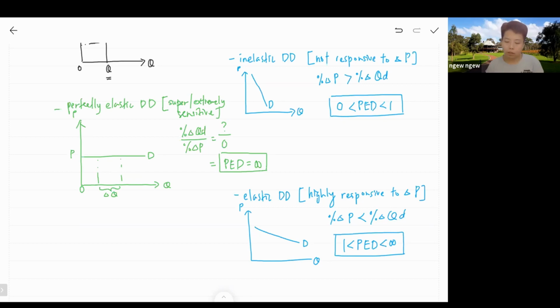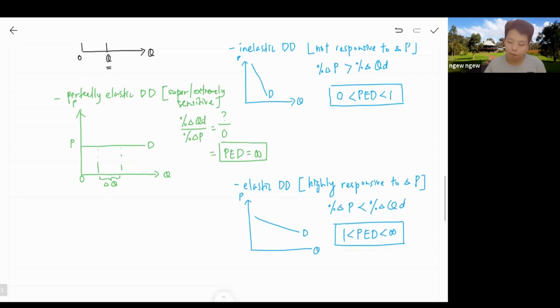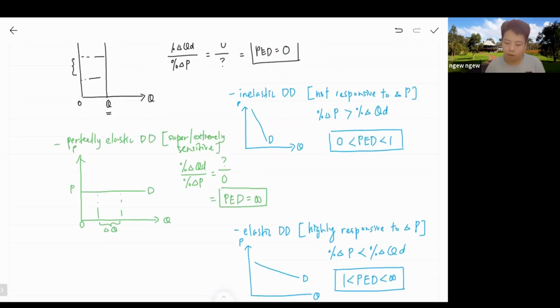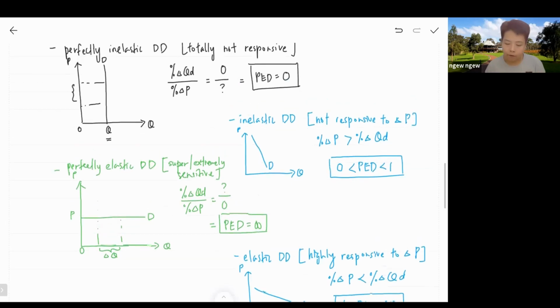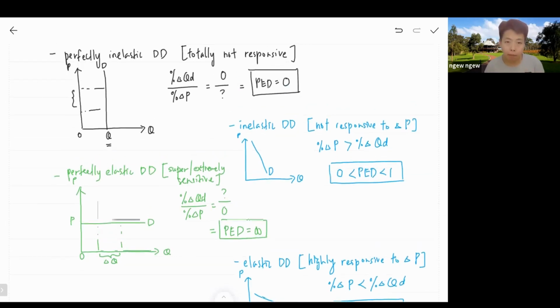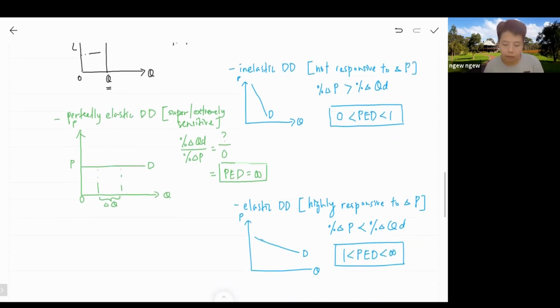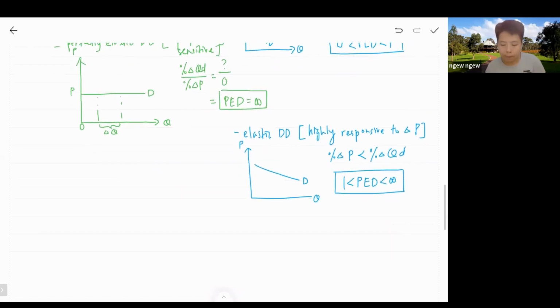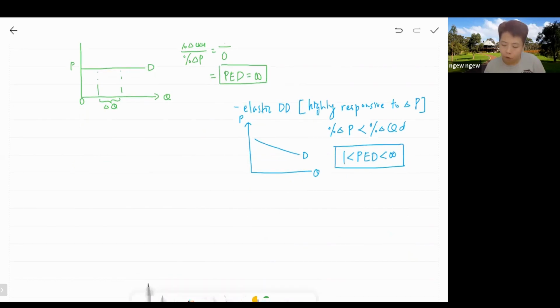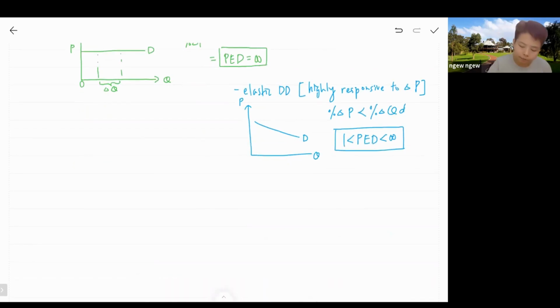Okay, so these are the 4 main categories. We have perfectly inelastic demand, and we come to inelastic demand, and then we have perfectly elastic demand and elastic demand. And lastly, we have something called unitary elasticity.